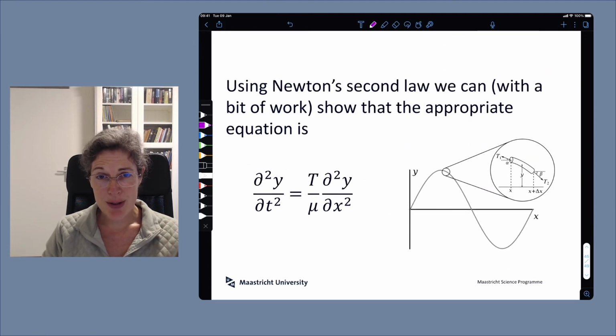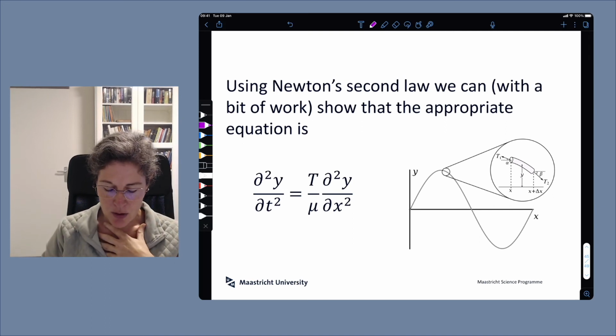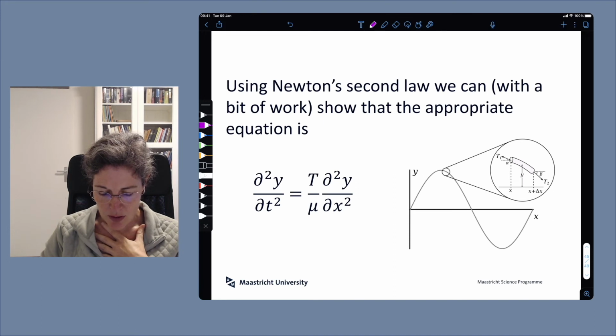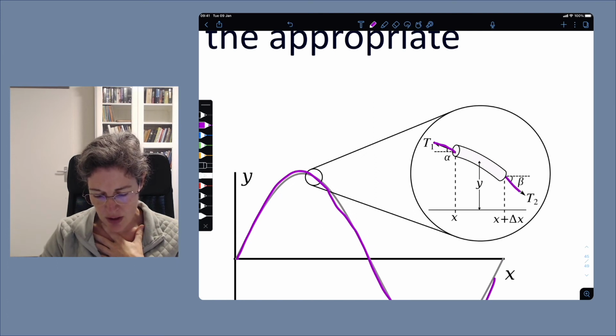So we're not going to go into the details of this, I'm sure you'll be glad to know, but you can actually analyze it using Newton's second law, just like we've been doing, tension, forces and stuff. So you can look at your string. Here we've got our string sitting like this, and you can analyze it in a little bit more detail. So we know that we've got a certain mass of the string, it's got tension in that direction, tension in that direction.